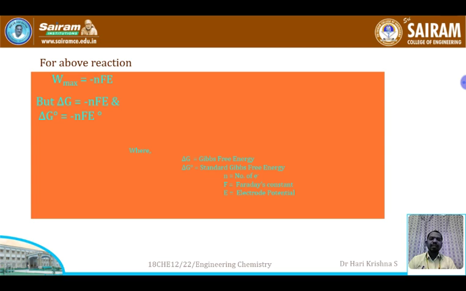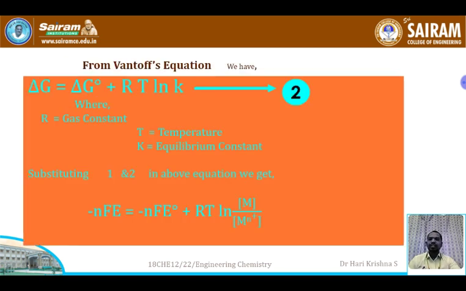As per thermodynamics, delta G equals minus nFE and delta G naught equals minus nFE naught, where delta G is Gibbs free energy and delta G naught is standard Gibbs free energy. n is the number of electrons, F is Faraday's constant, and E is the electrode potential.